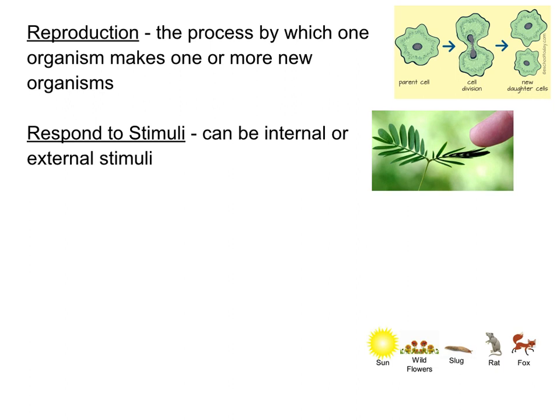So that's how it responds. So that would be an external stimulus. Internal stimuli would be like when you are hungry, your stomach growls. That's an internal response. So you're responding to being hungry. So that would be internal.